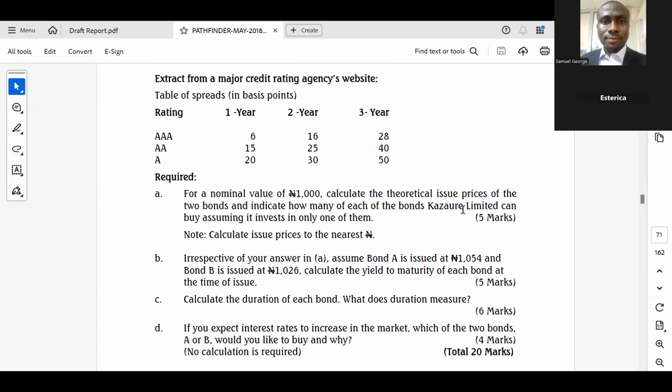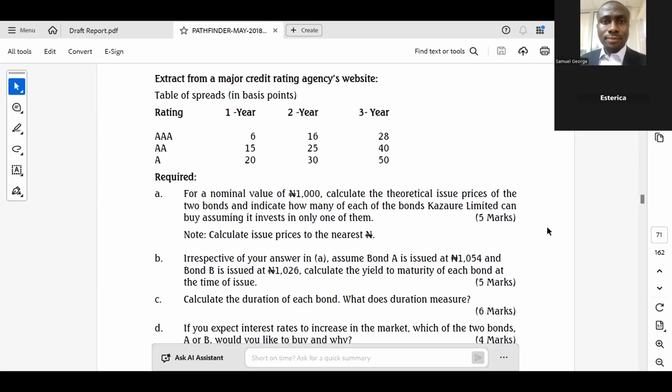And you see, that's what we got. Bond B is issued at 1,026. That's what we got. That means our answers for A was correct. Calculate the yield to maturity of each bond at the time of issue. Now, let us move ahead.